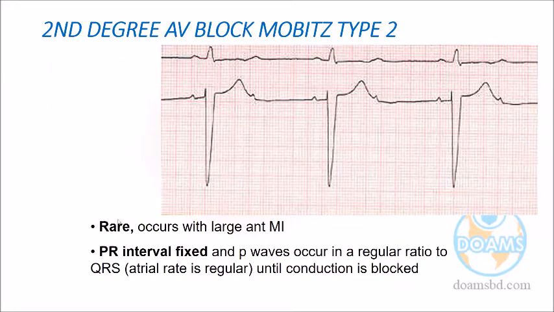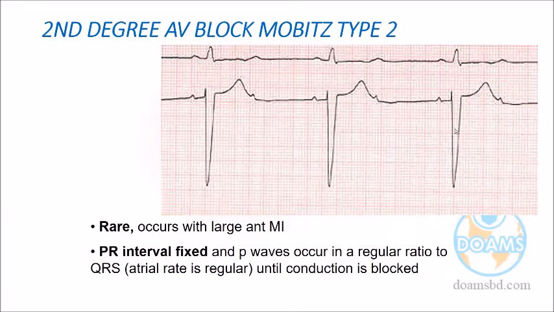And the interesting thing is that here the PR interval is fixed, like first degree heart block. The PR interval is fixed, but there is a drop beat. It's a very simple difference. In the first degree heart block, the PR interval is fixed and prolonged, but no drop beat. But in the second degree Mobitz type 2 AV block, PR is fixed, but the added thing is a drop beat. So you see that this is the dropped P. Interestingly, P may not be on the same isoelectric line here.